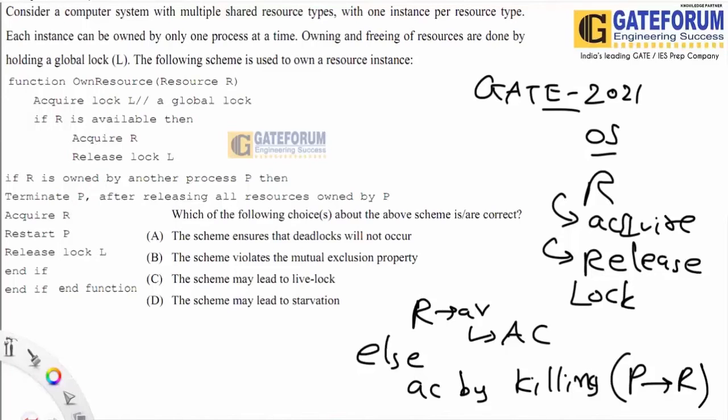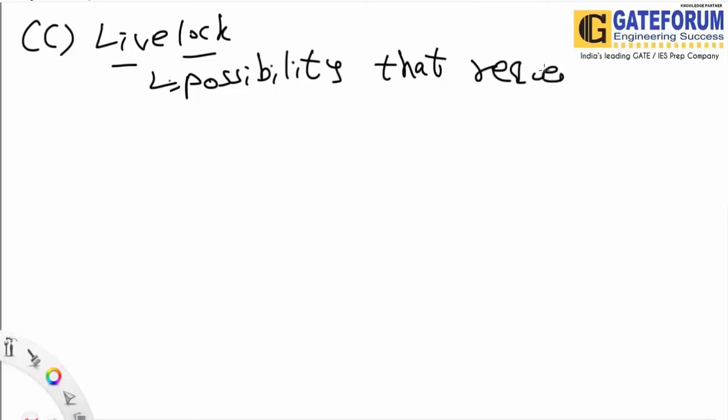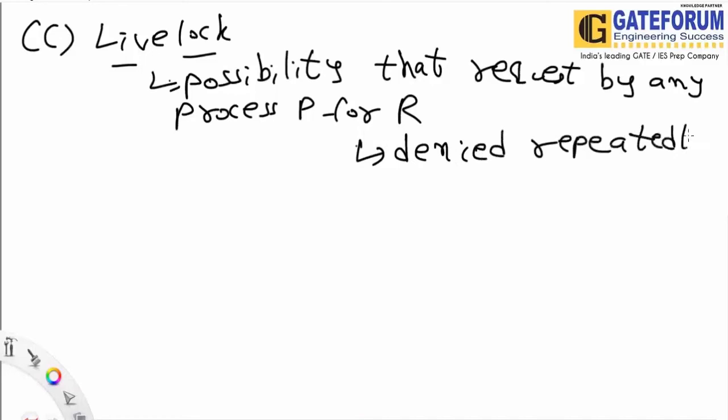So that is a possibility: the request by process P for R is denied repeatedly. Every time it requests R, somebody else might take R, or if it already holds R, somebody else might terminate it. So livelock is definitely possible here.